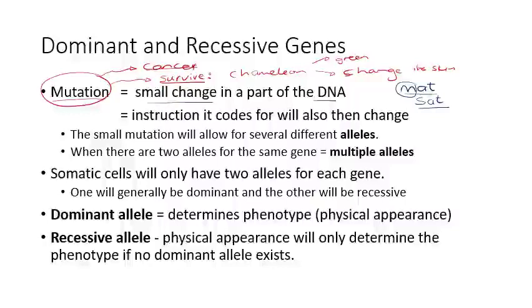If you're changing the code here, it's going to code for something different. Any small change in the parts of a DNA is actually quite a good thing sometimes. It allows you to survive better. So these small mutations will allow for several different alleles.